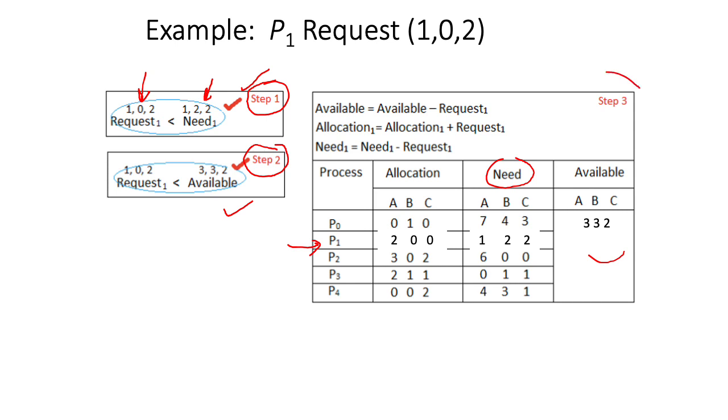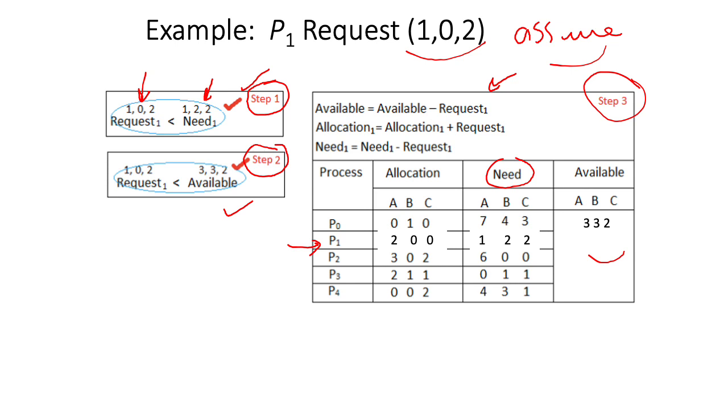And then step number 3 is to update the available and allocation and need data structure. So the available will be equal to the current available minus this new request by P1. So the idea is we want to assume that we did grant P1 what it's requested.